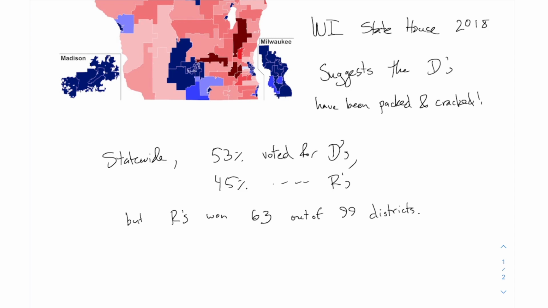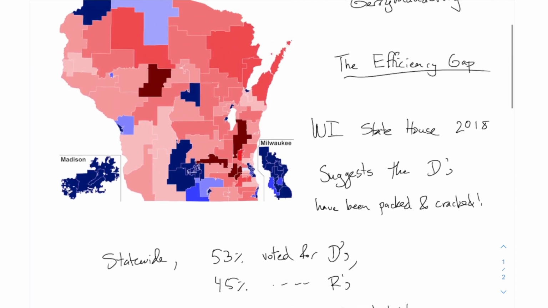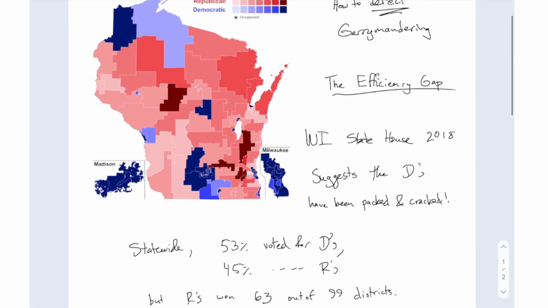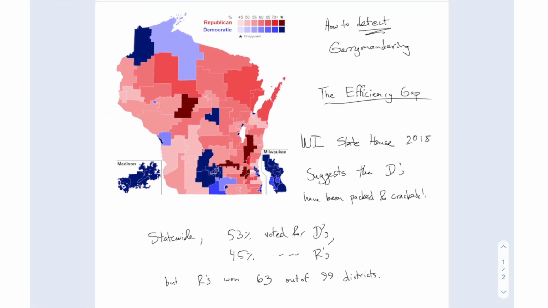Anyway, what's been done here is this kind of packing and cracking, and the efficiency gap is a specific numerical measurement which is supposed to measure the extent to which the districts have been packed. All right, so that's why I bring this example up.